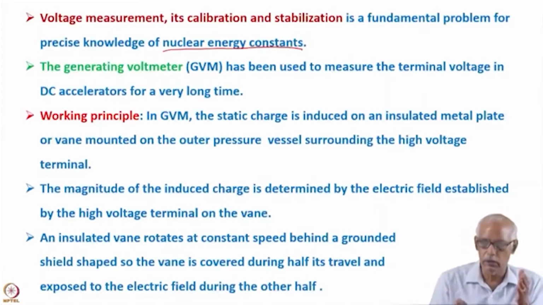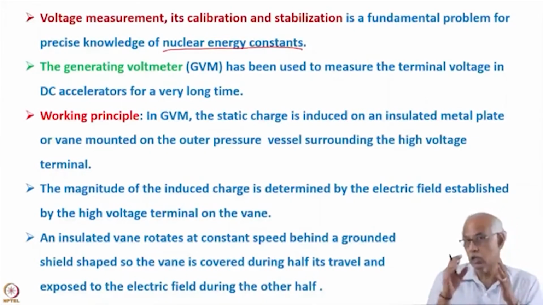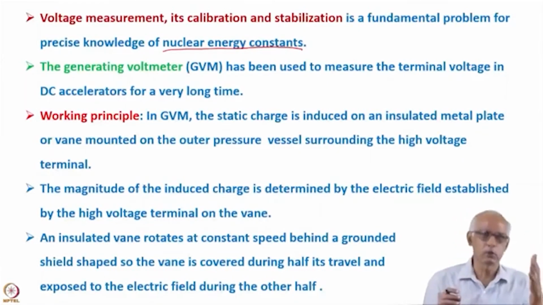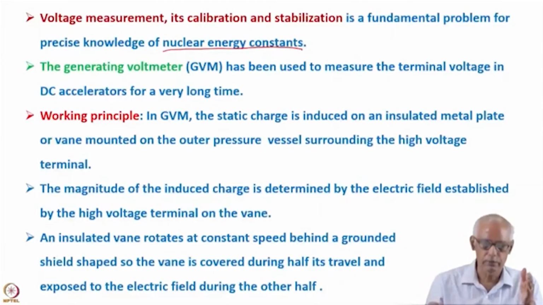So this is the magnitude of the induced charge on that one. The charge induced depends on the electric field, and the electric field depends on the voltage, so you get the voltage value from this current which you are measuring due to the charge collected on that vane.